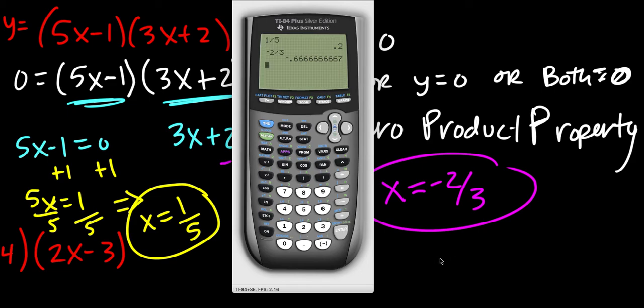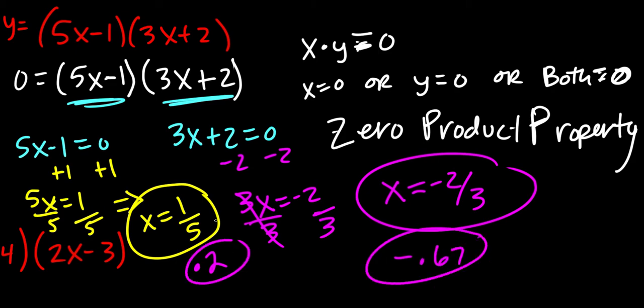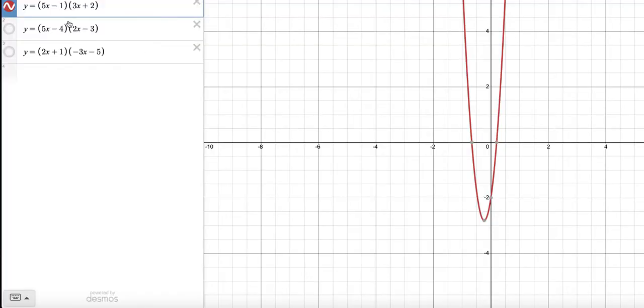We didn't need to round the first one, but the second is negative 0.67 when rounded. If we go to Desmos, we get negative 0.667 and 0.2. So we see that we got the same answer.